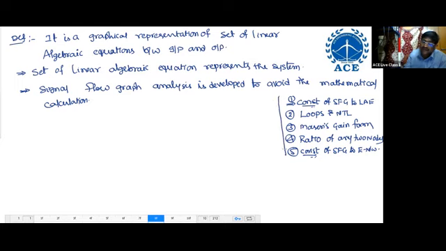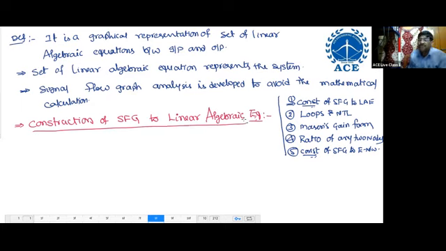So first, put the heading: construction of signal flow graph to linear algebraic equations.